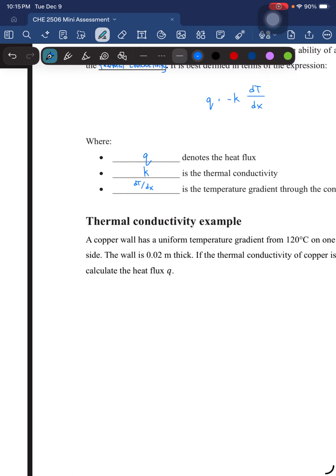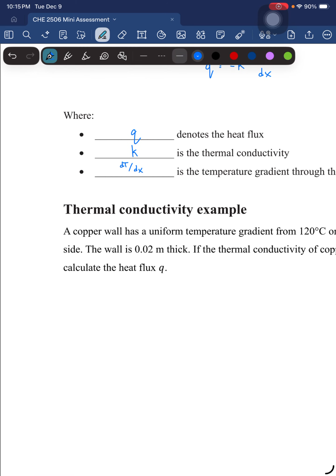So just like any other problems, we will start with the givens. We have our K equal to 390. And we also have our change in temperature, which would be 120 degrees Celsius minus 20 degrees Celsius. That would be 100 degrees Celsius. And our delta X would be 0.02 meters.